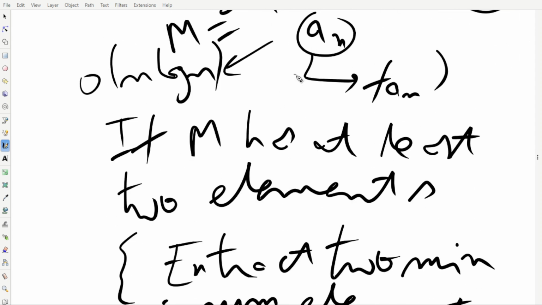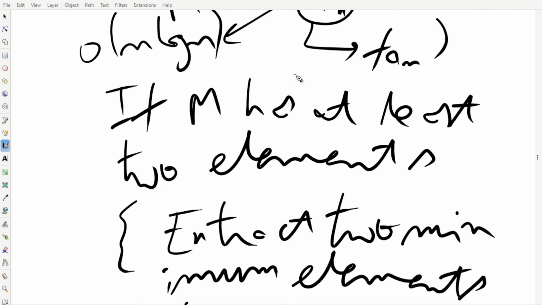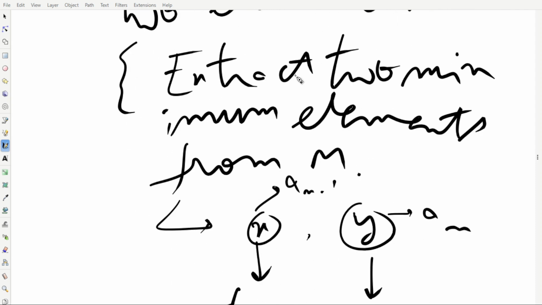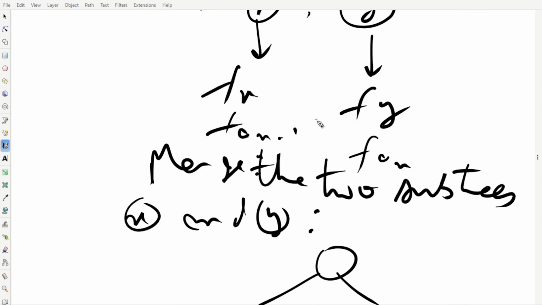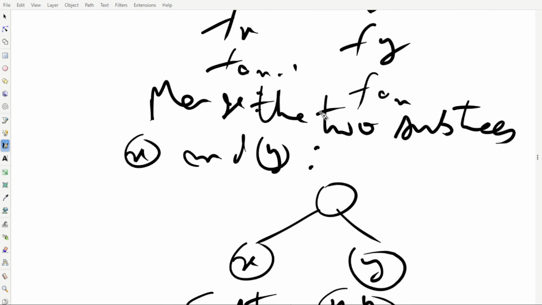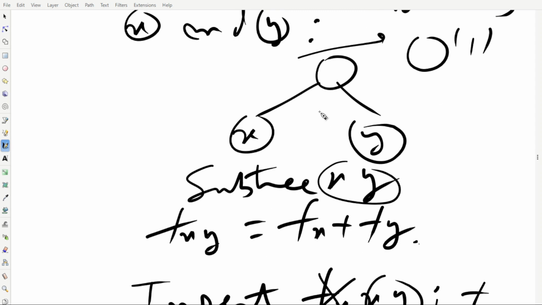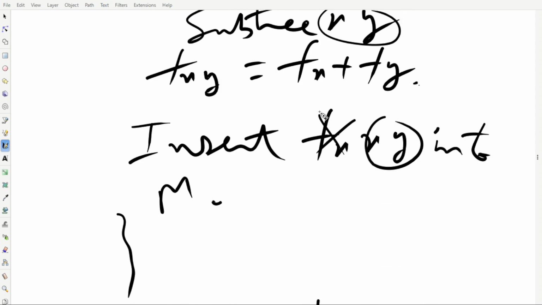Now the min heap operations we are doing: we are extracting two minimum elements. Extraction can be done in big O of log n time, so two extractions take total big O of log n time. Then the merge operation is very simple, it takes only constant time, and after merging we insert in the min heap.